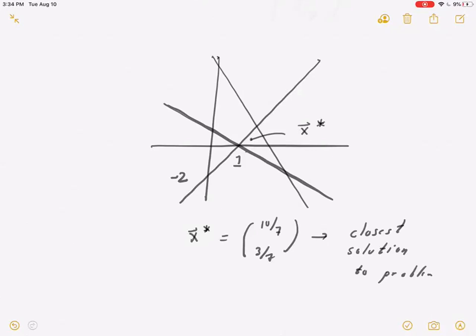Okay. So it's a good approximation, or it's the best you can do in terms of figuring out the intersection of those 3 lines. It's clearly an approximation. It's not an exact answer. But the method was never intended to give you an exact answer. There is no exact answer. You're getting an approximation.